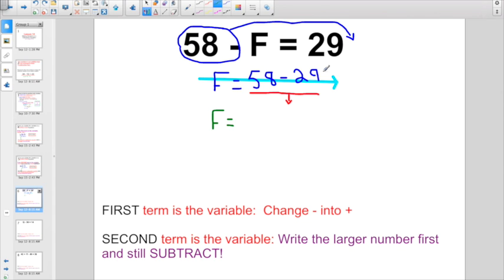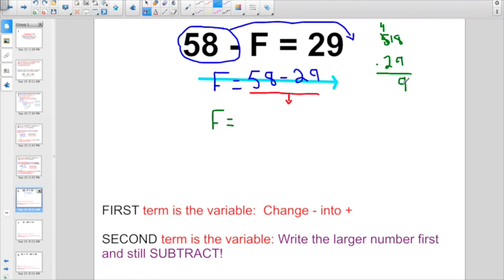So maybe on a scratch piece of paper, you're going to have to set it up because you might not be able to do this all in your head, right? So on a scratch piece of paper somewhere, set up 58 minus 29. I'm going to start off right now: 8 minus 9. I can't do it. I have to borrow 1 from the 5 and place it in front of the 8. 18 minus 9, I can certainly do that, right?